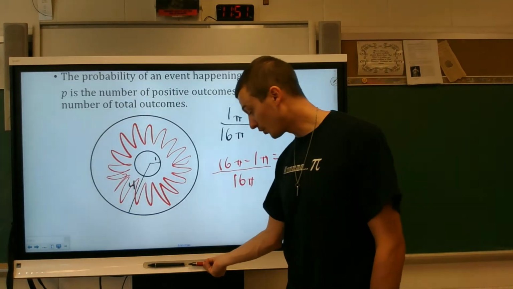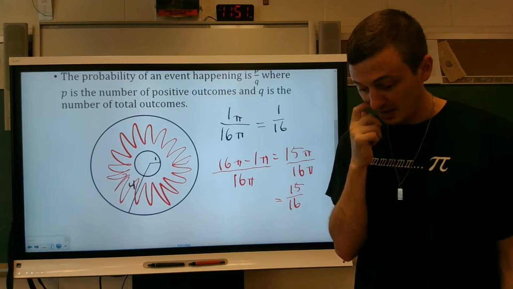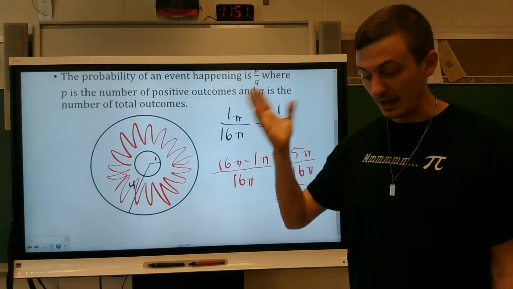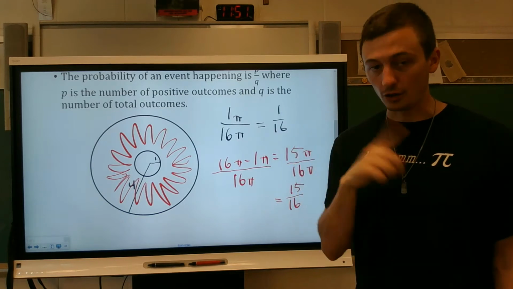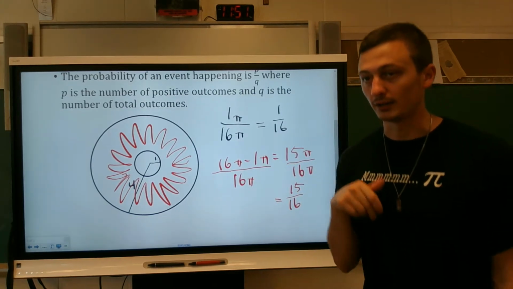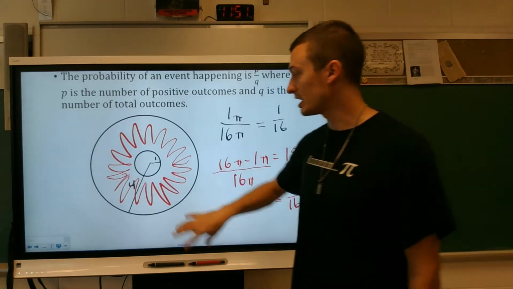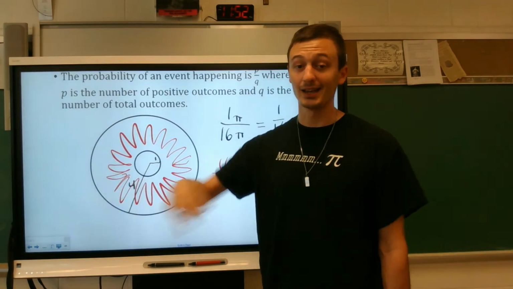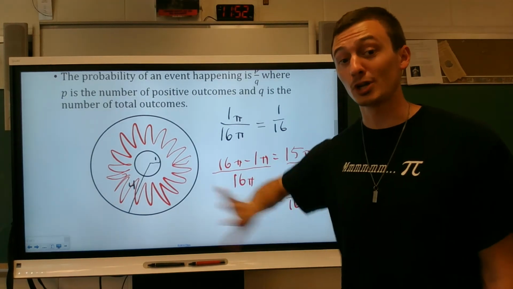Now, a cool thing about probability is that every possible outcome should add together to be the full set of outcomes. So in this case, you can either hit the bullseye or not hit the bullseye. There are 2 different ways that this can happen. Now, 100% of the time, you should hit the dartboard.